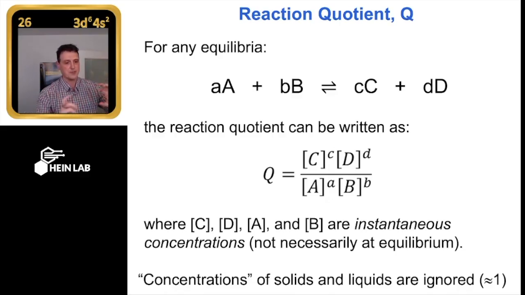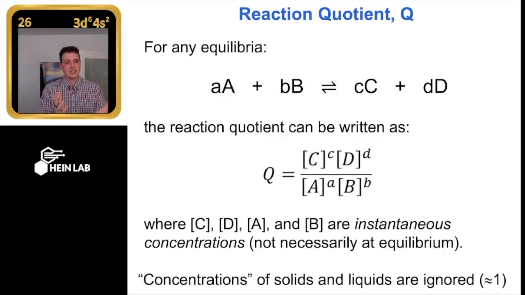The only difference between Q and K is the value of these concentrations. For K, we're defining it as this is equilibrium, and it's the concentrations above and below, products over starting material, when equilibrium has been reached. Q are the values of concentration at some point, say we set the system up. I just throw sodium chloride into water. It is not at equilibrium yet, but it's an instantaneous value of it.